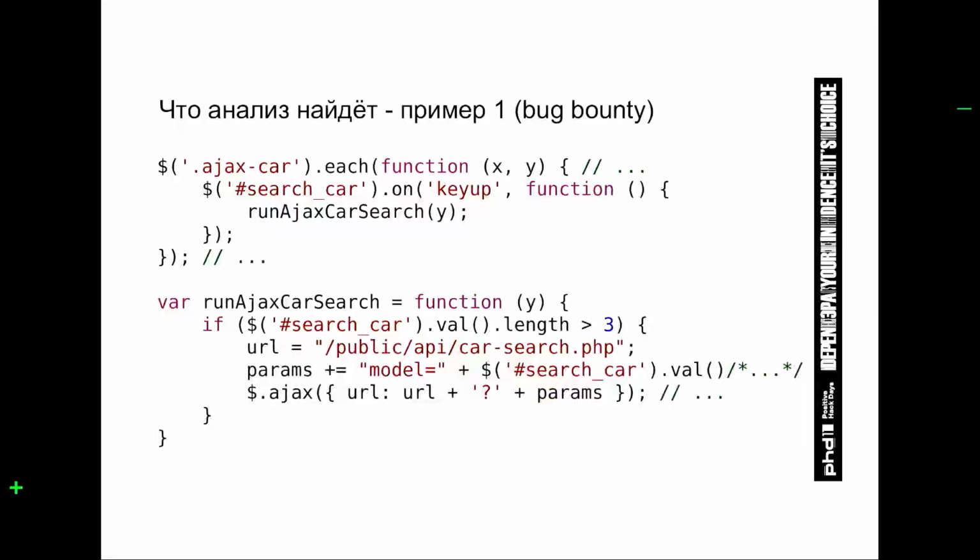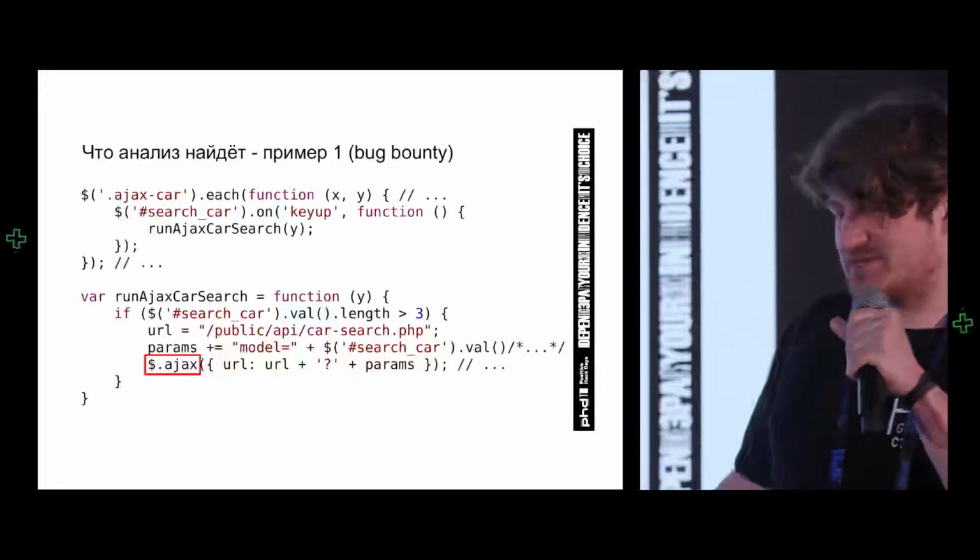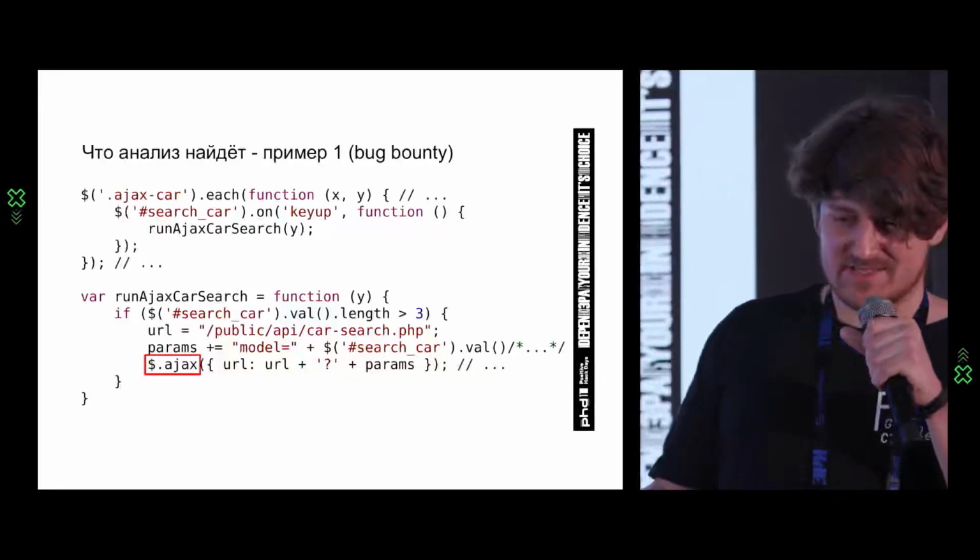And now on to the code. This is from bug bounty. The code is changed, first off so as not to reveal the website, and it's also a bit simplified. You can see here $.ajax, and it's called from the thing that's registered in that option.